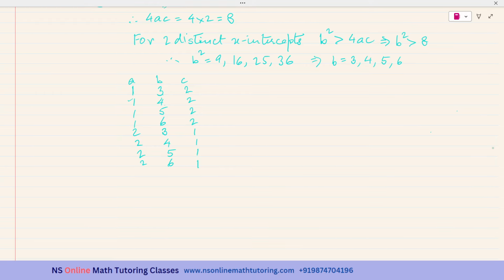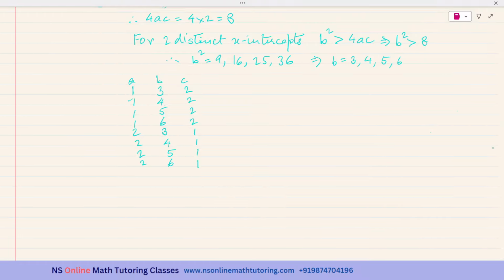In part F, you will see there will be more options given for AC equal to 3, 4, etc. For those, I have not written the quadratic functions separately, explicitly, but for these 8 quadratic functions, let me write them, just to show you how to write the quadratic functions.